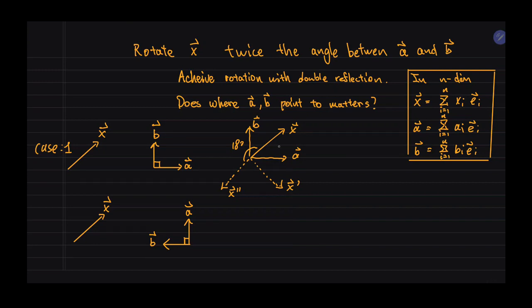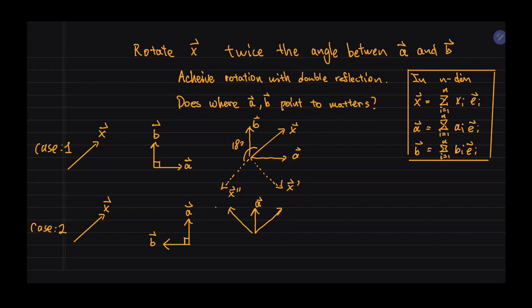Okay, now this makes sense in case 1, but what happens in case 2? Let us say we have a pointing upward and b pointing to the left, and the angle between a and b is still the same. So what happens if we reflect x with respect to a and b again? So this is a, and this is x.